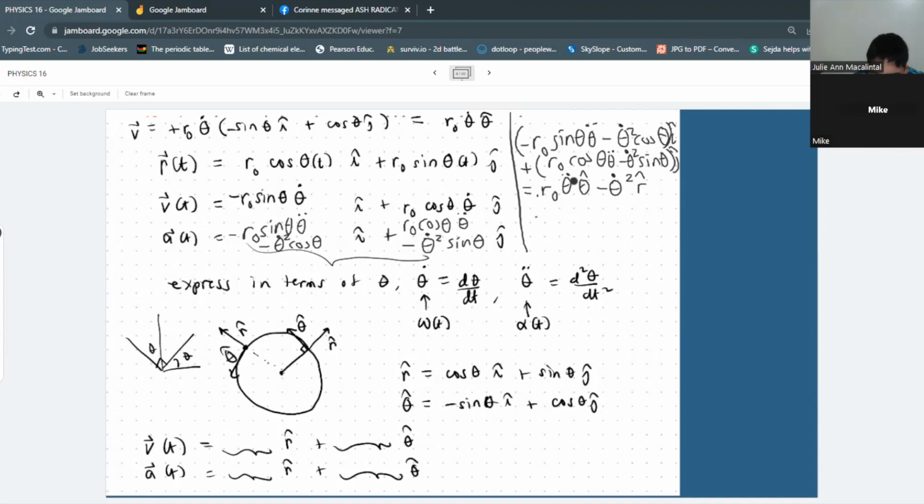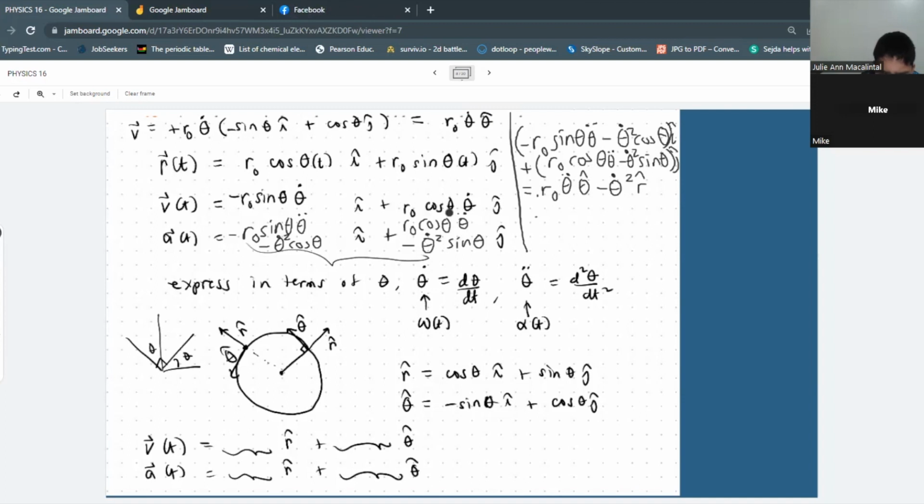Go back to the first four equations. So there is r naught cosine theta double dot. Then what is missing? Left d right, right d left, right? So what is the left?